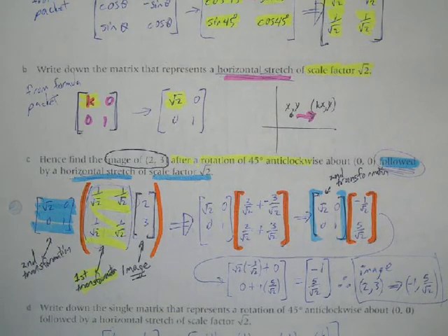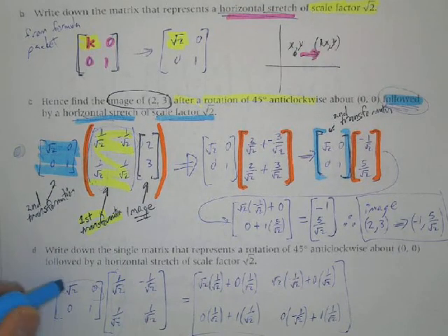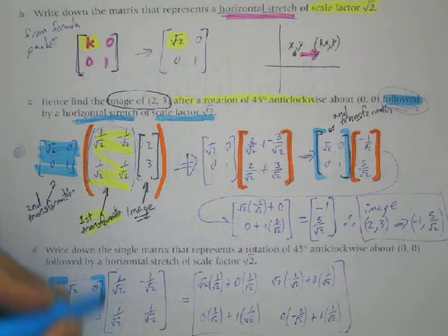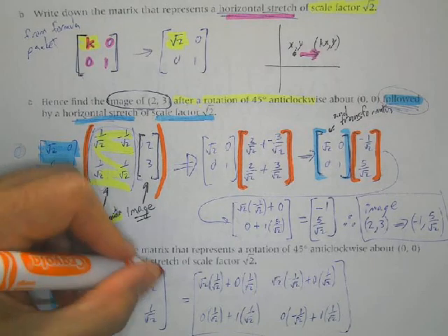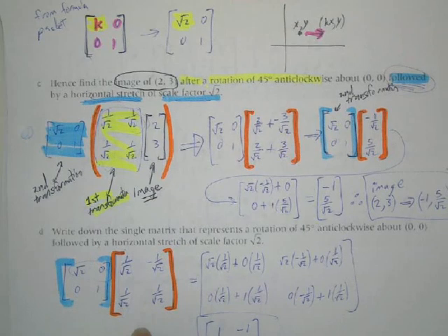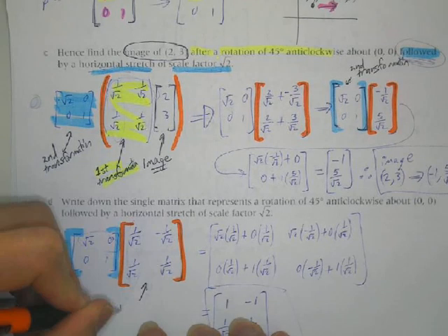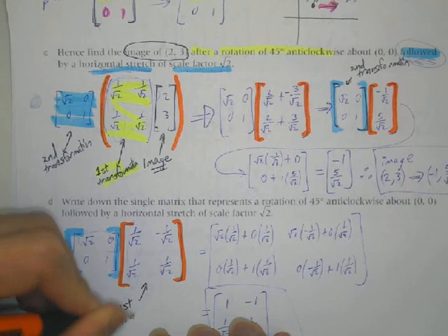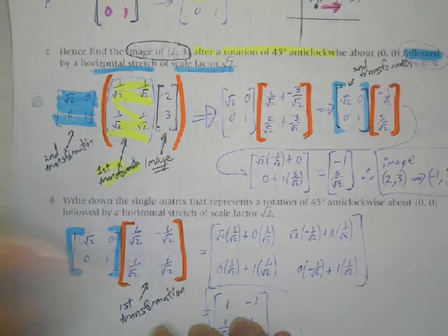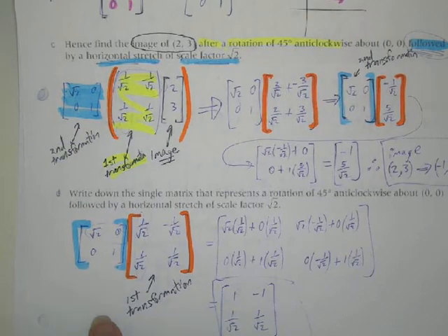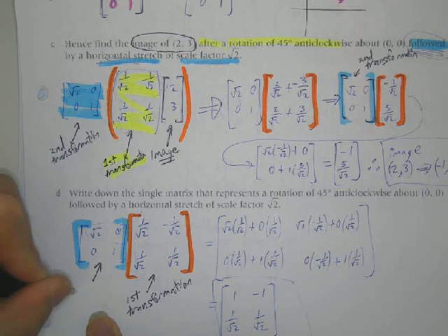So what they're saying is I want to find a transformation matrix that represents this happening first and this one happening second. If it's the first transformation, it needs to be on the right side. And this is the second transformation.